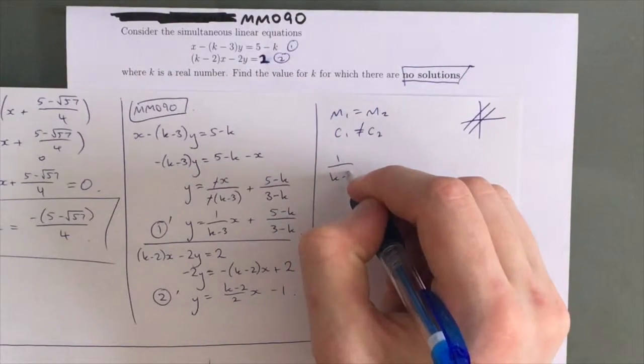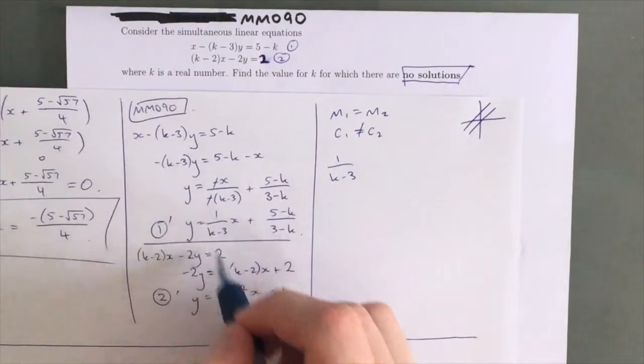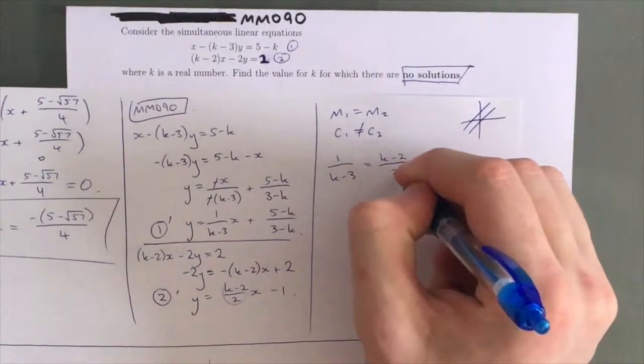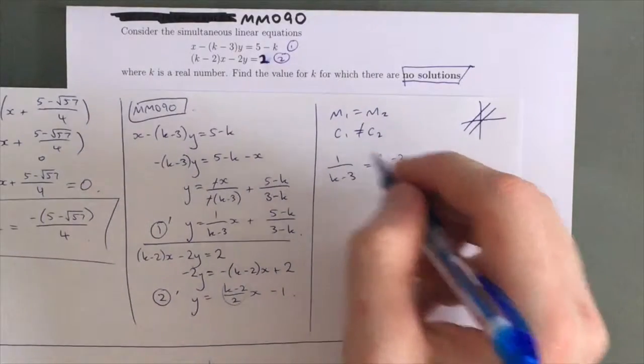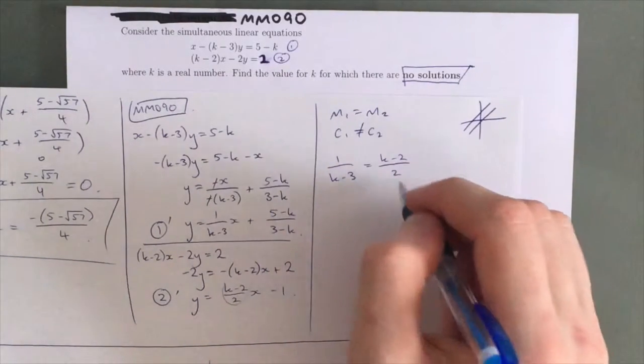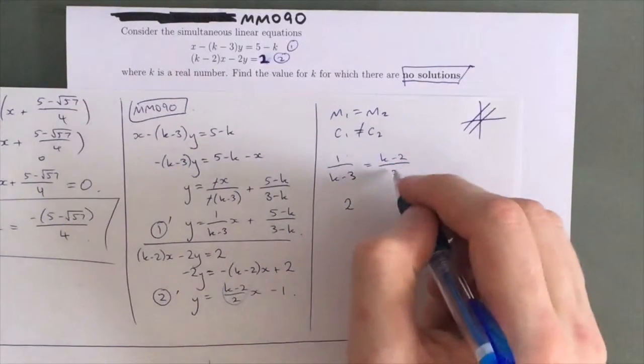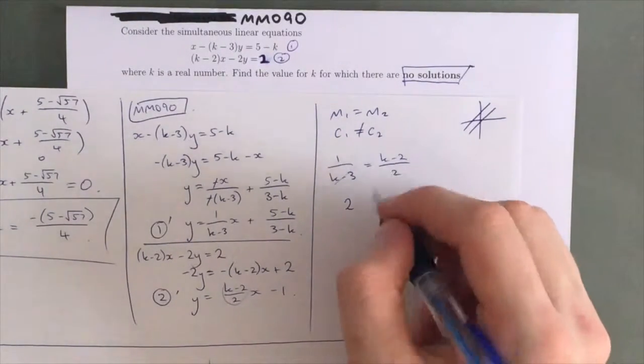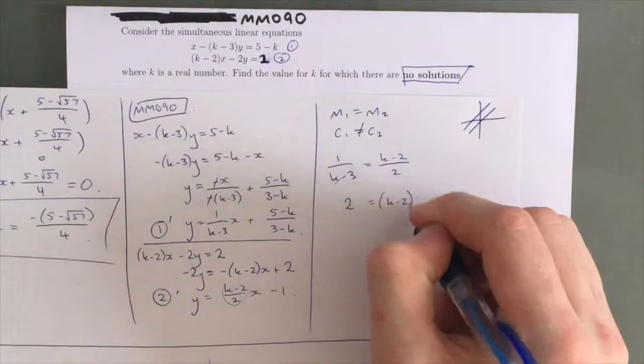So we get 1 over (k minus 3), which is our first m value, equals our second m value, which is (k minus 2) over 2. Expanding this out, if we multiply both sides by 2, we get 2 on this side, that cancels out. And if we multiply both sides by (k minus 3), that cancels out there and becomes (k minus 2) times (k minus 3).